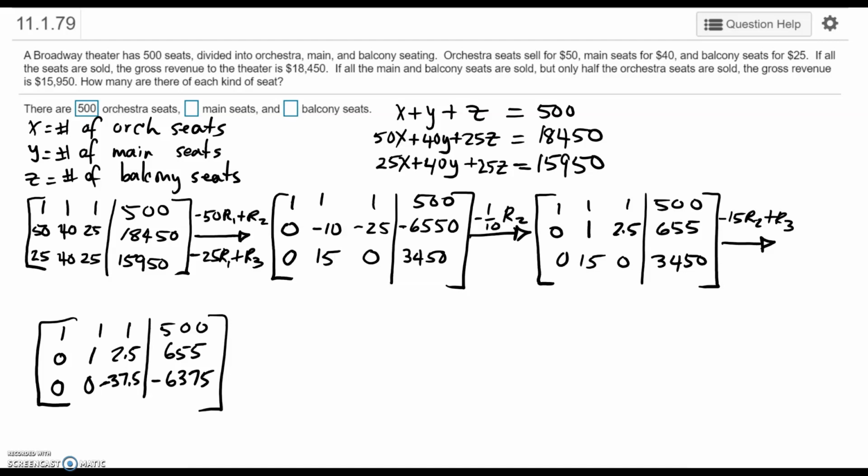My next step is to get a 1 in that last position down here with that negative 37.5. To do that, I'm going to divide row 3 by a negative 37.5. That has the same effect as multiplying by a negative 1 over 37.5. My row 1 stays the same.